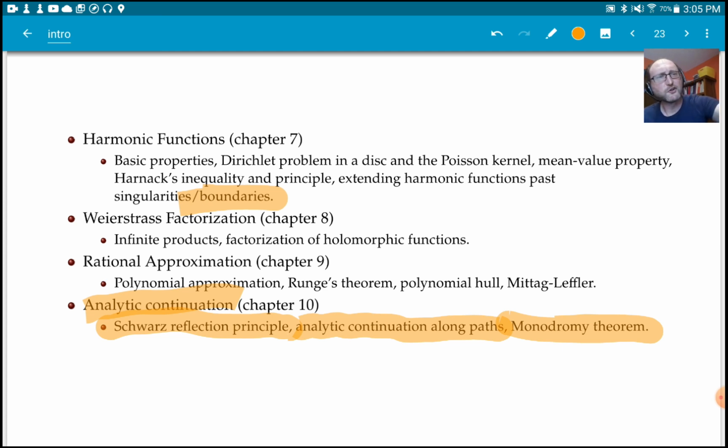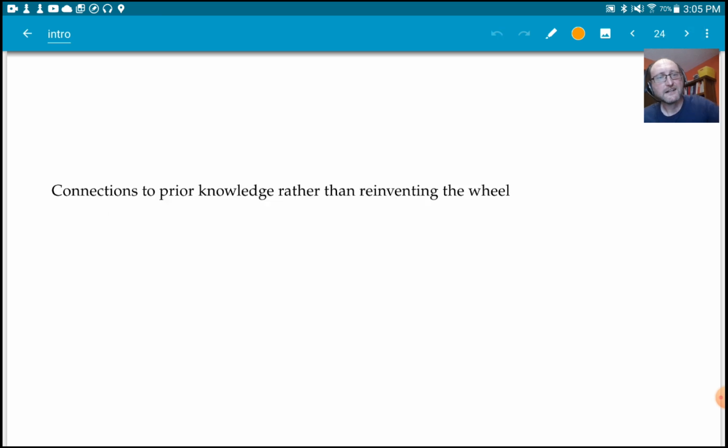Now, a couple more notes before we leave it. One of the things in this course and in the book is that I try to make connections to what you've seen before, rather than necessarily reinventing the wheel. So it's not completely self-contained, on purpose. It's supposed to give you connections to what you've seen. You've done all this differentiability of functions, all this basic analysis.